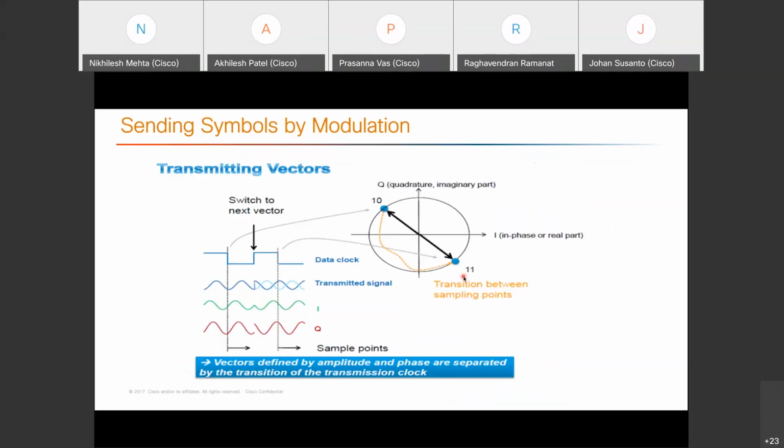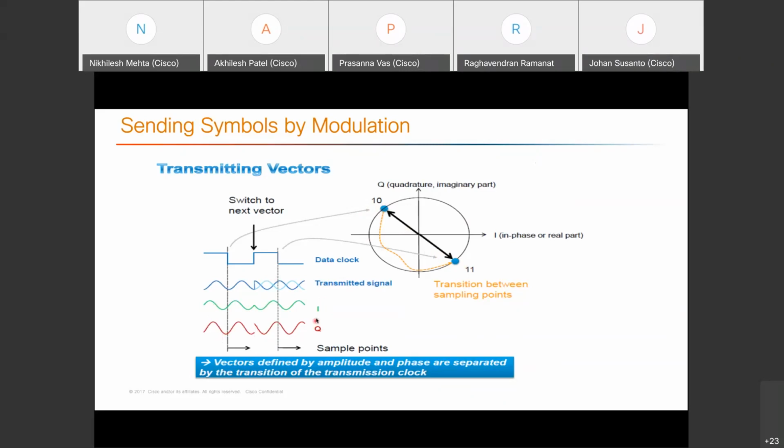So how are we sending the symbols by modulation? As you see here, the first one is your data clock, then you have the I phase and the Q phase. If you see two different symbols which are 180 degrees apart, this symbol is 10 and this symbol is 11. The first one of both symbols is your I component, the green one, and then you have the Q component, the brown one.